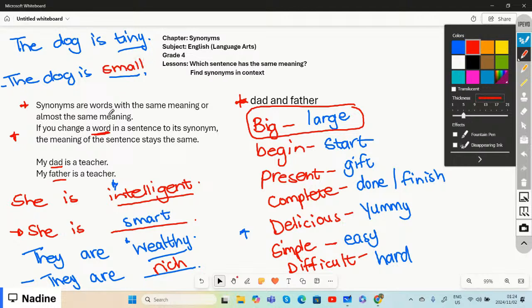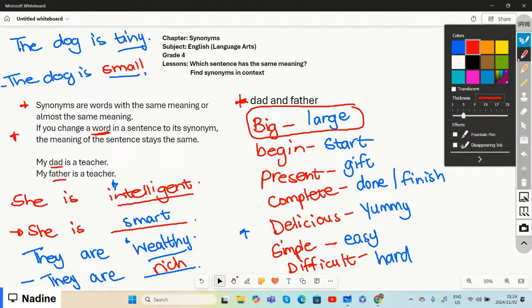Well done. As you can see, the words have changed, but the sentence still stays the same. The dog is tiny, the dog is small. So we can have synonyms, right?